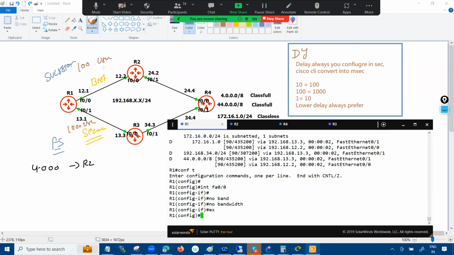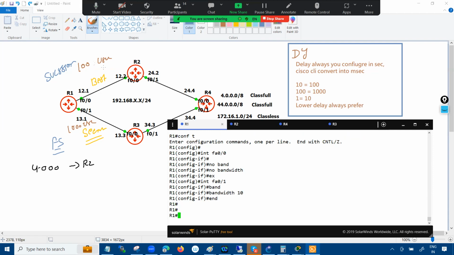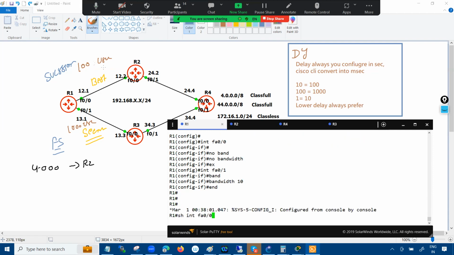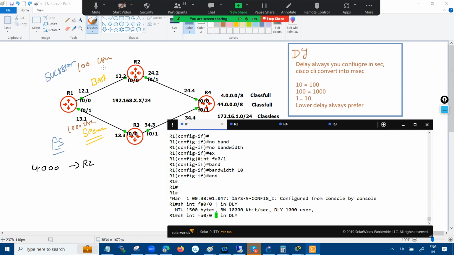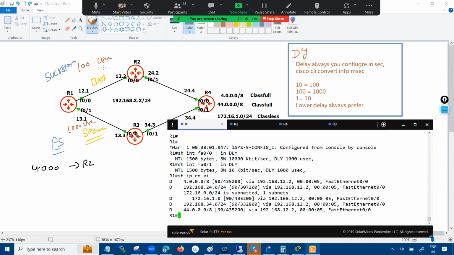But still the bandwidth is higher, so I'm going to increase this one on 0/1. Now, the higher bandwidth is not preferred.